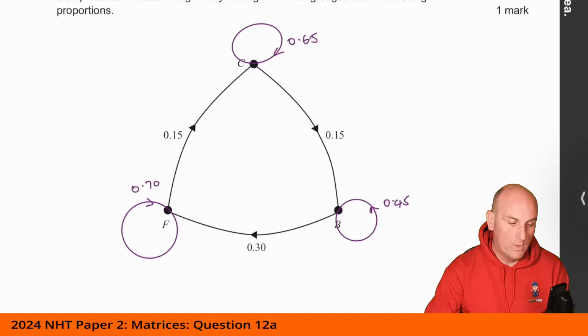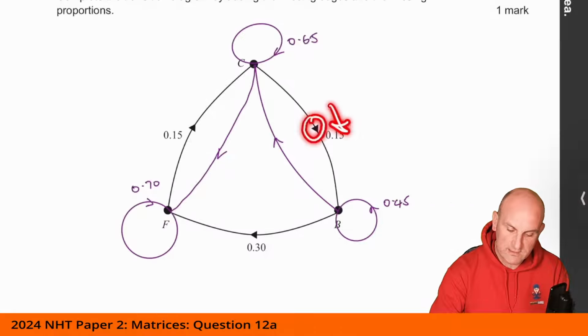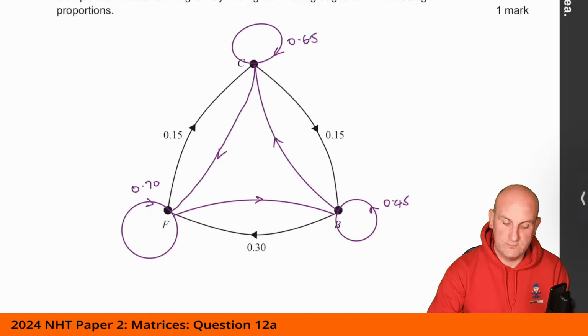All right, now, C to F, we've got this one here. There's got to be one here, and that's got to go that way. The reason it's got to go that way is the arrows have got to oppose each other. Because that arrow is going that way, this one has to go that way. And if I put that one there, that's got to be an arrow that way. Now, all we needed to do then was read off from the table.